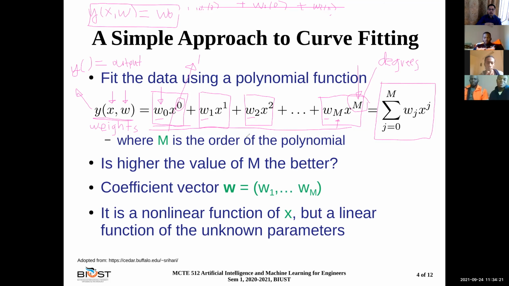Remember, our polynomial compared to our data only has one input x. Our data has one input x and an output t.